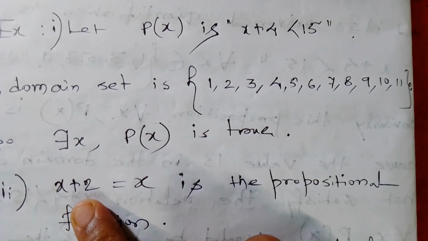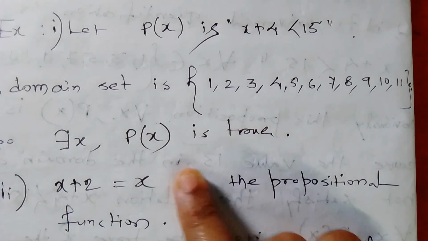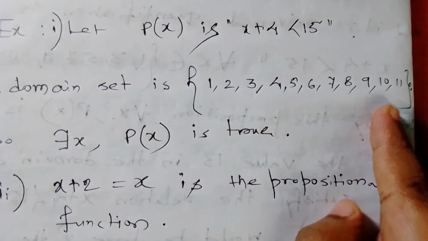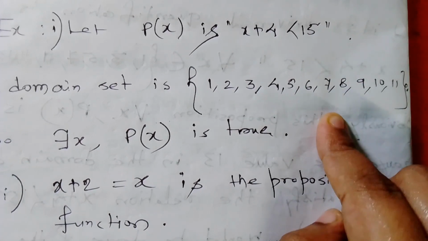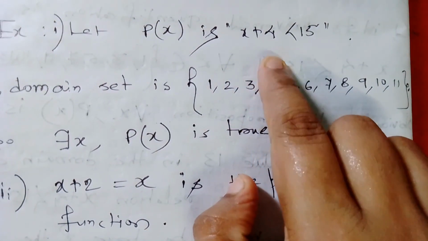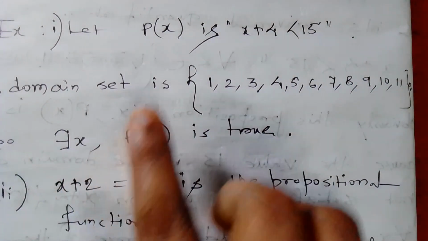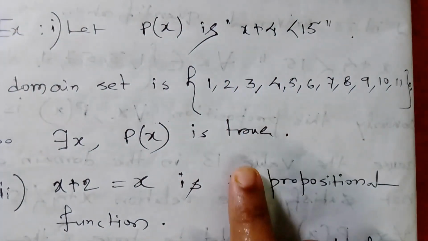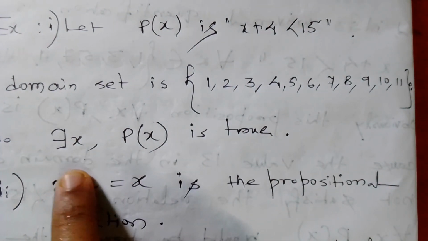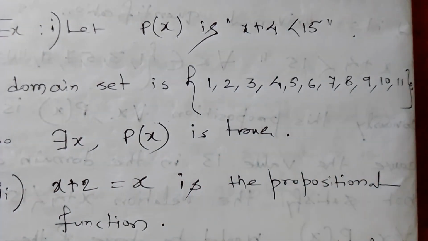The existential quantification of P(x) is true for this domain set, because there exists a value for which x plus 4 is less than 15. This condition is satisfied for this domain set, so the existential quantification is true.